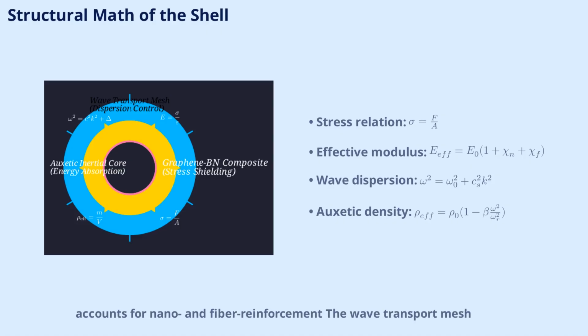The wave transport mesh follows the dispersion relation ω² = ω_0² + C_S² k², while the auxetic core's density adapts as ρ_F = ρ_0(1 + β ω²/ω_R²). These formulas ensure the shell's strength, adaptability, and wave-carrying capacity.